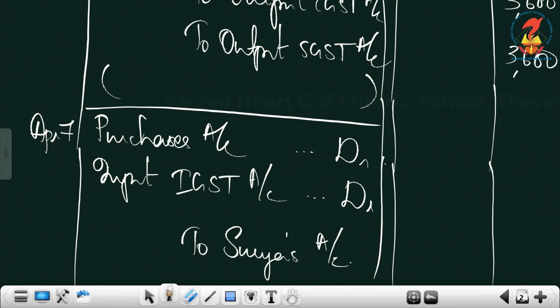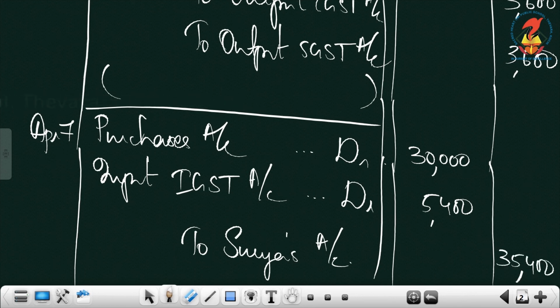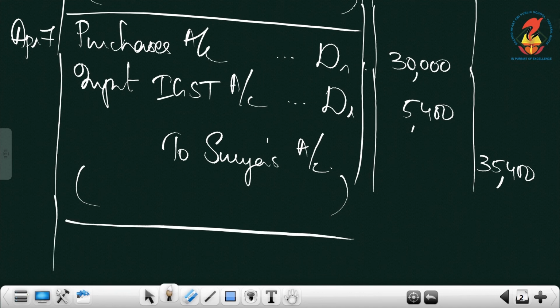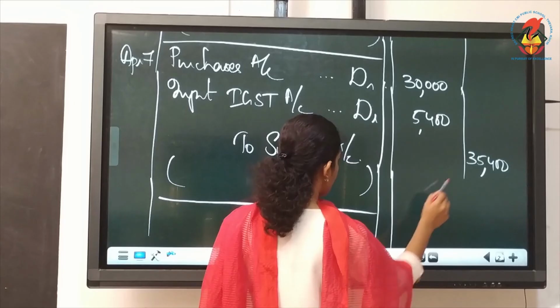Purchased value is 30,000, which should be written against purchases. Compute 18% on this. 18% on 30,000, and you can write the total on the credit side, that is 35,400. Write the narration, purchased goods from Surya, Kanpur.